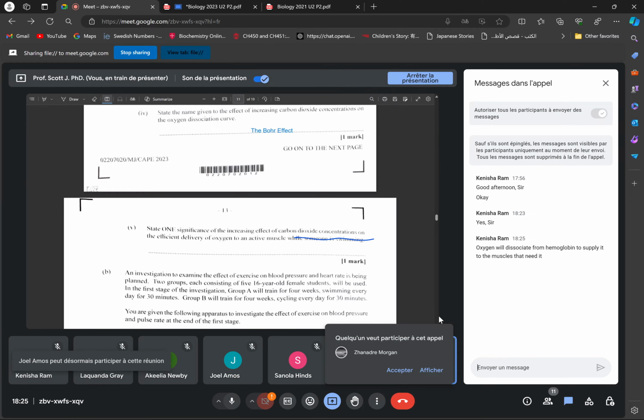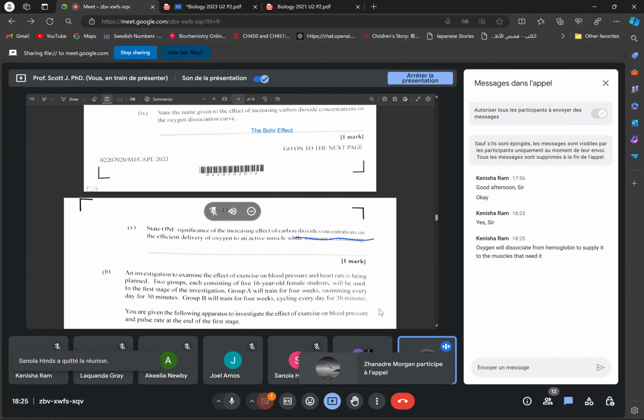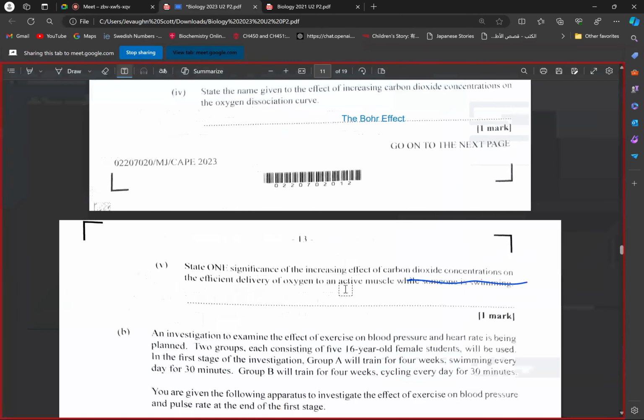So the oxygen will dissociate from hemoglobin to supply to the muscles that need it. I mean, yeah. So state one significance of the increasing effect of carbon dioxide. As carbon dioxide concentration increases, we have the creation of carbonic acid, which will decrease the pH.